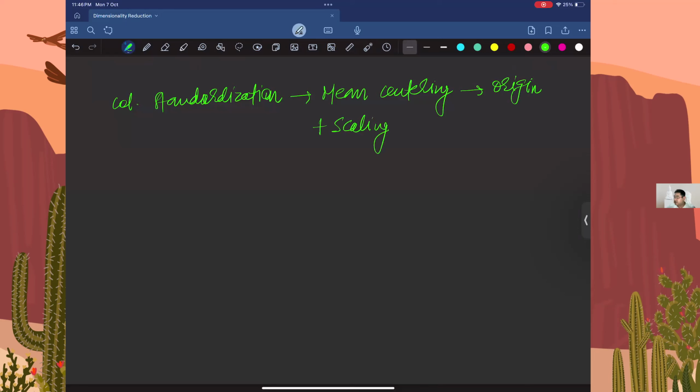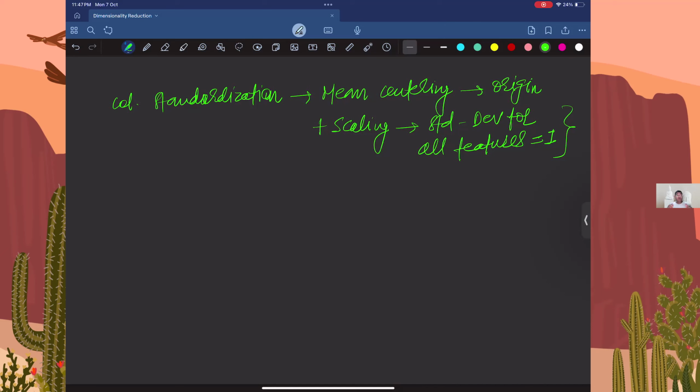Scaling means the standard deviation for all features is equal to 1. This is what I mean.